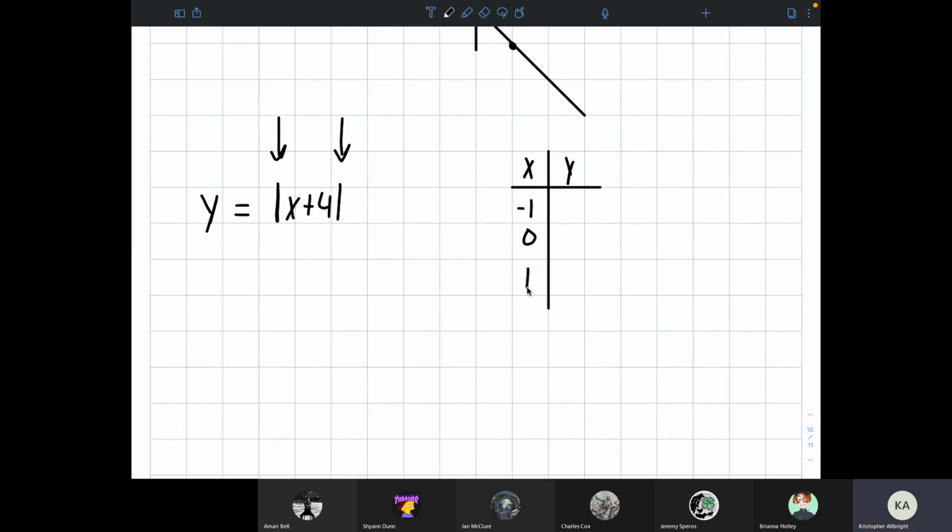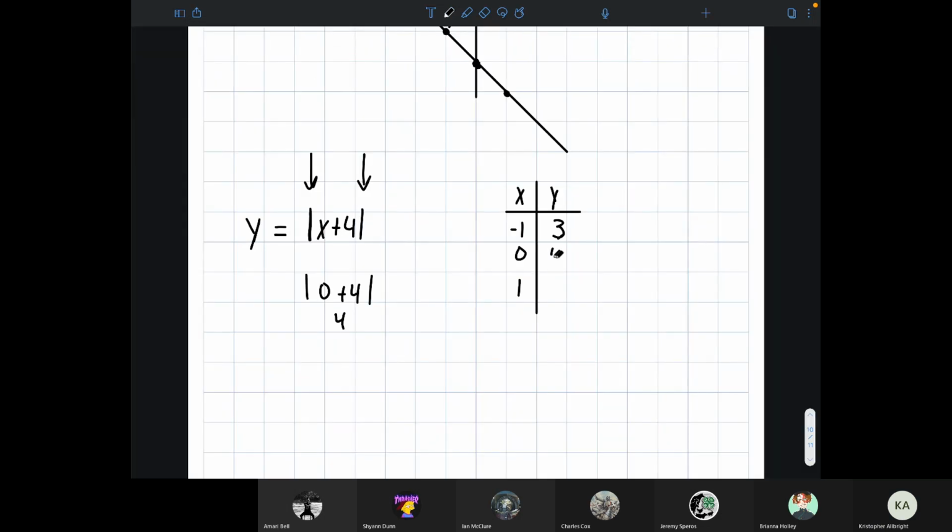So we plug in -1, -1 plus 4. We're going to get 3. So now we plug in 0. We're going to get 4. I just keep updating my little table. And now I plug in 1. And it's going to give me 5.